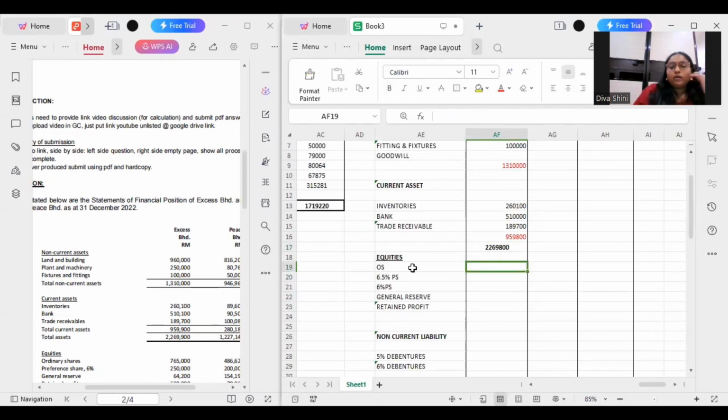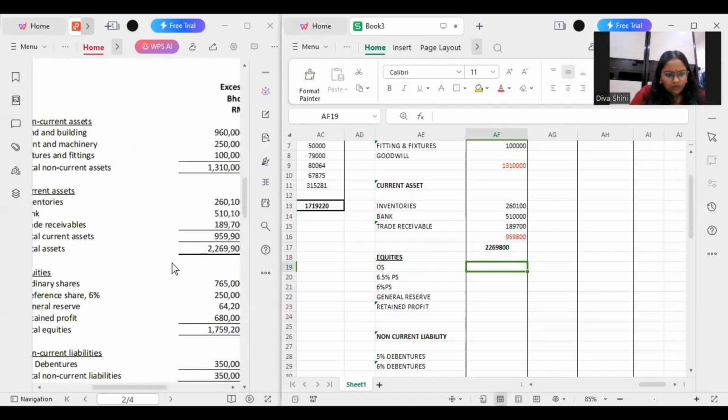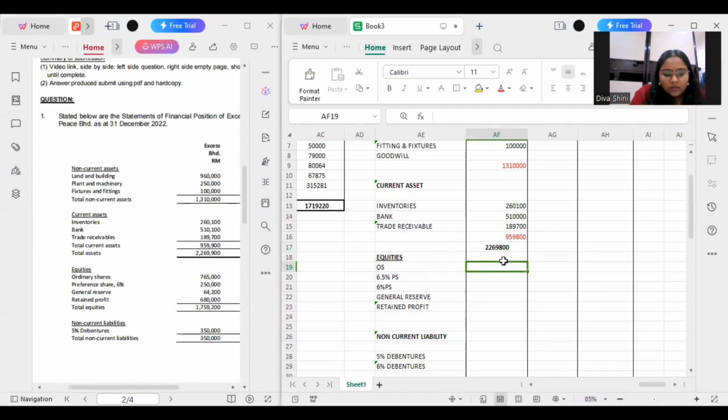Okay, for the excess equities, we also need to take it from the SOFP. Ordinary share 765,000. 6% preference share 250. General reserve 64,200.